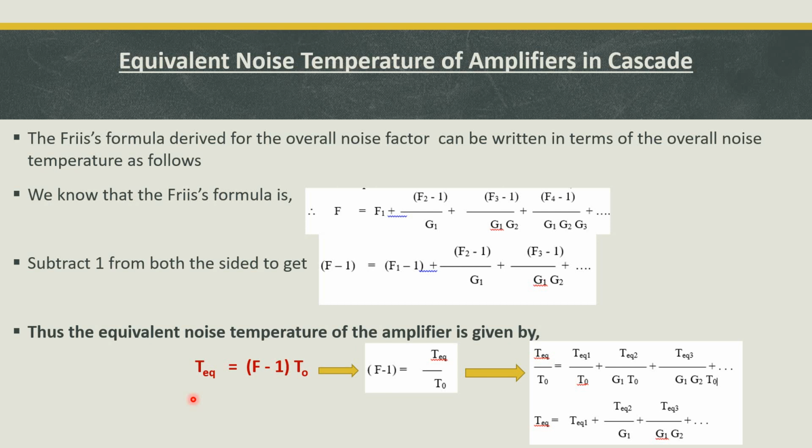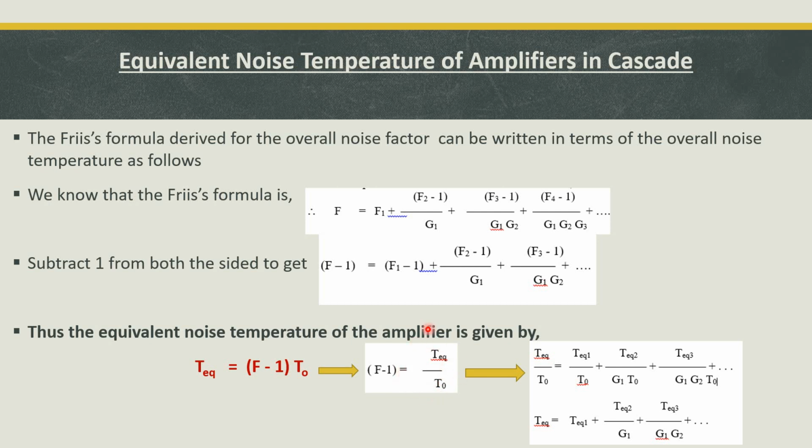In a similar manner, this is extended to cascade connection of amplifiers also, the equivalent noise temperature. So you know that the equivalent noise temperature equation is F1 minus 1 into T0. Similarly, you know that the Friis formula is available. Subtract 1 from both sides, F minus 1. Now rearrange this equation: F minus 1 is T equivalent divided by T0.